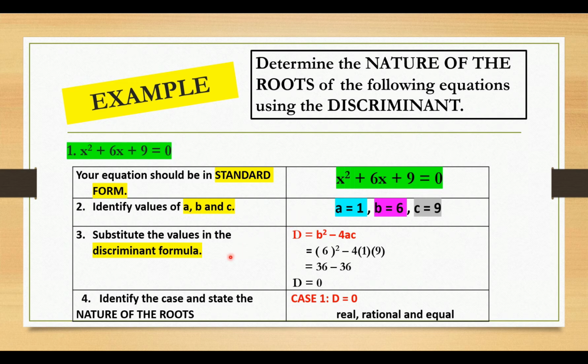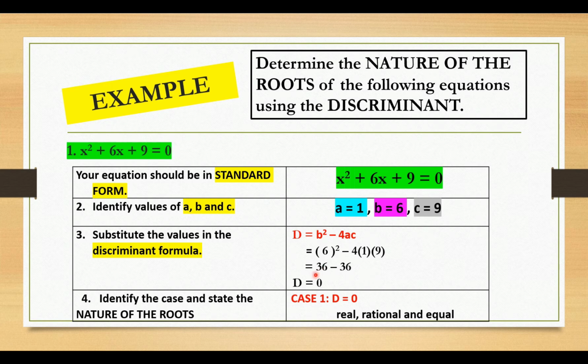Then step 3, substitute the values in the discriminant formula. D is equal to b squared minus 4ac. Then just plug in or replace the variables with the given values. Our b is 6, so we have 6 squared minus 4 times 1 for a and 9 for c.